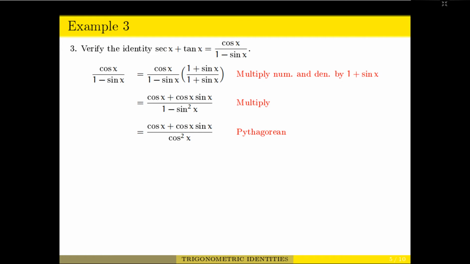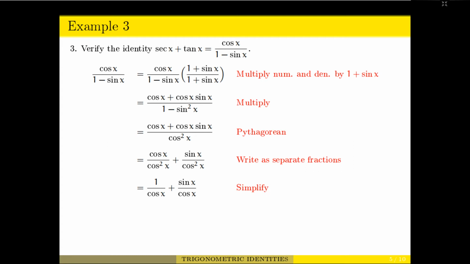Now, we can split the fraction and rewrite it as separate fractions: cosine x over cosine squared x plus cosine x sine x over cosine squared x.